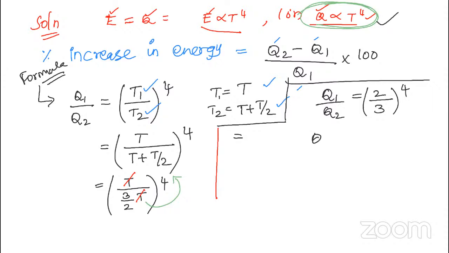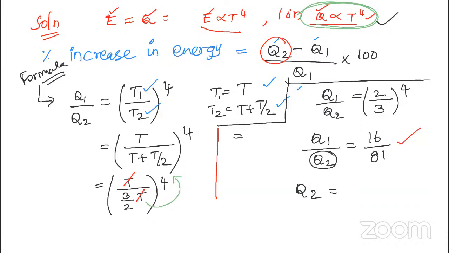So Q1 by Q2 is equal to 16 by 81. Now what is the Q2 value? நம்மளோட formula first quantity என்னது? Q2 தான் first தேவை. So from this equation we have to calculate the Q2 value. Q2 values தான் வேணும்.